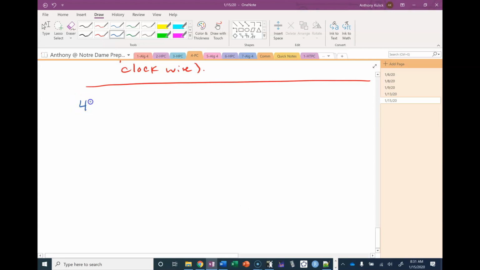So if I do 40 knots for 2 hours, how many nautical miles have I gone then? And I'm just going to call those NMs for nautical miles. I think that is the abbreviation. Everybody's okay with that?